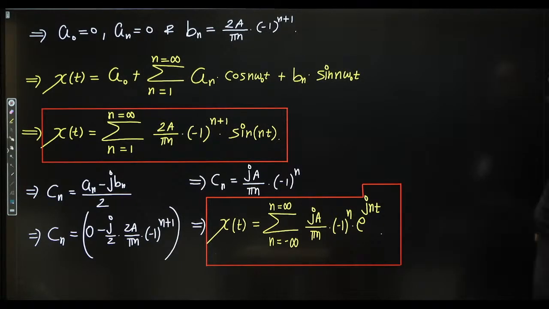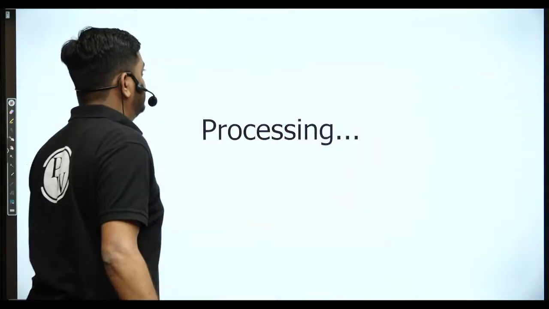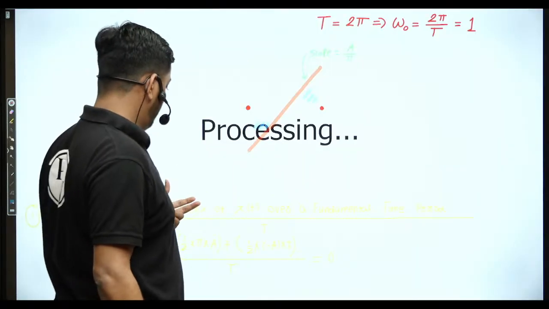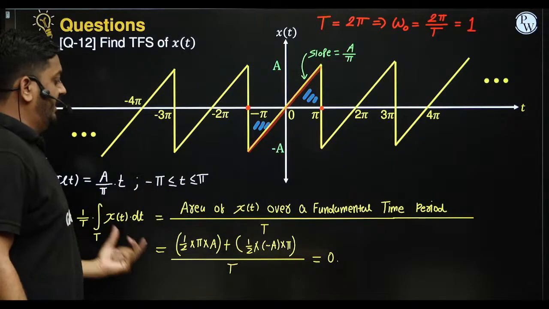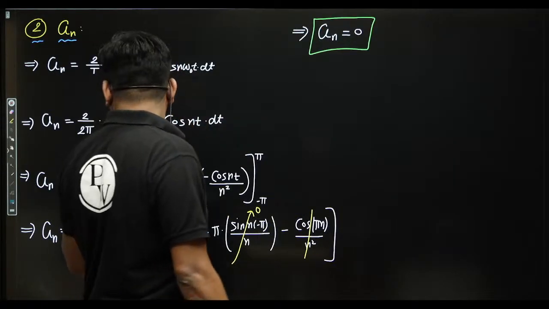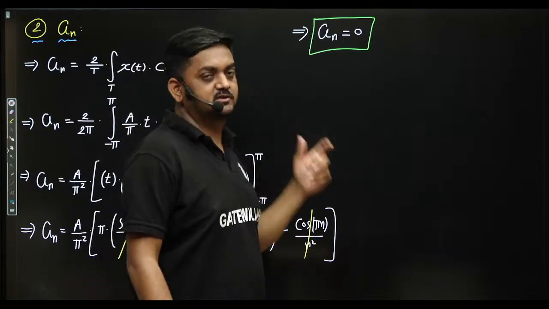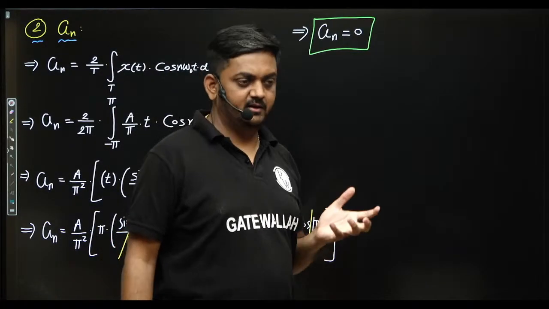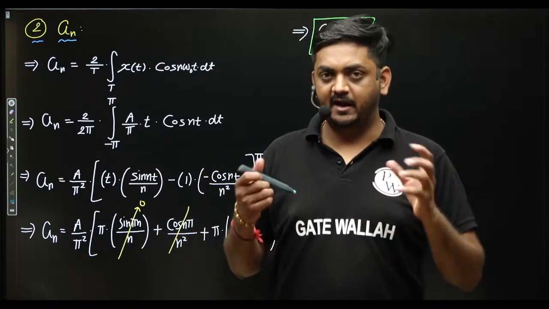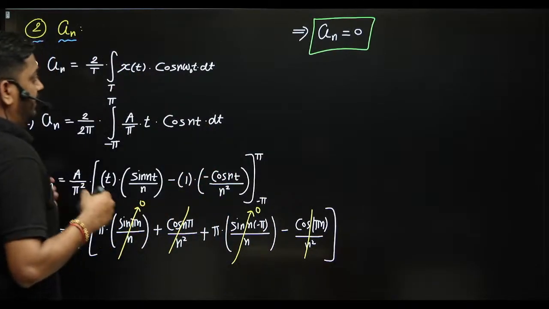Okay, very good. So now we will solve more questions, but based on symmetry, guys. See, here we have done the calculation and finally we got 0. Here also we have done certain calculation and finally we got the answer 0. So is there any trick through which initially we can know that an is 0, bn is 0, or a0 is 0?